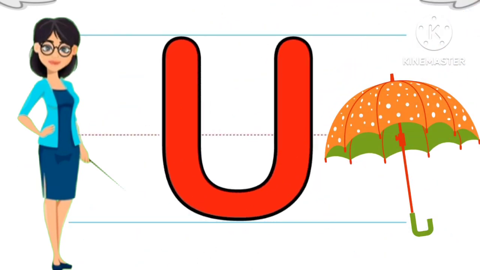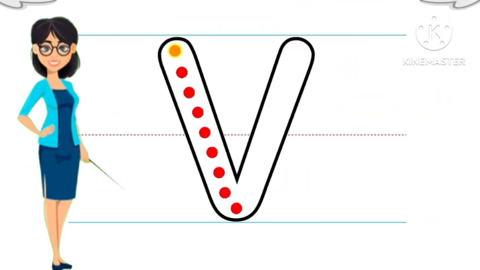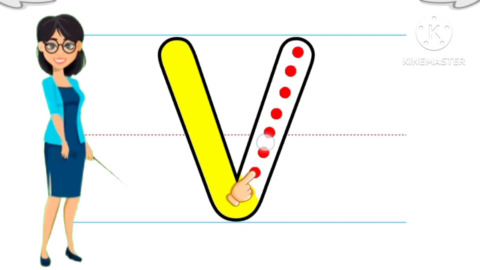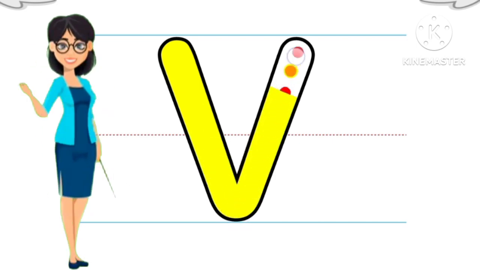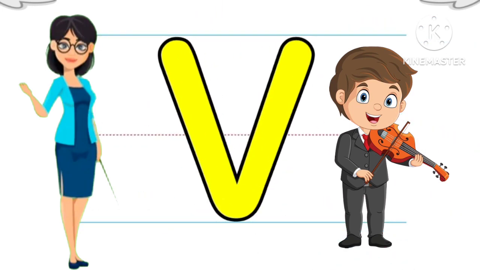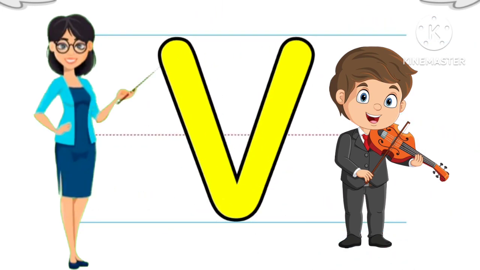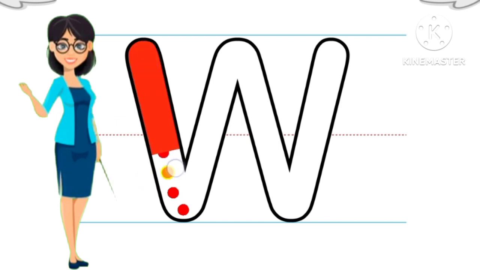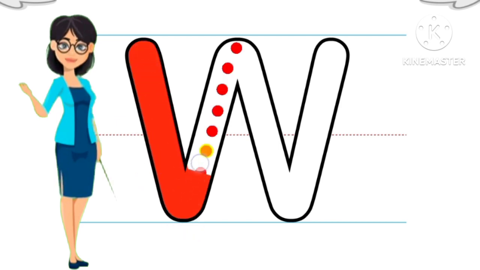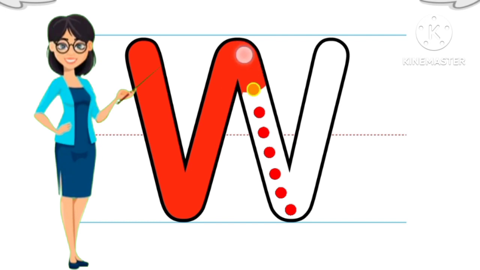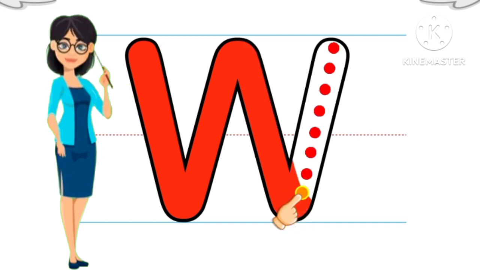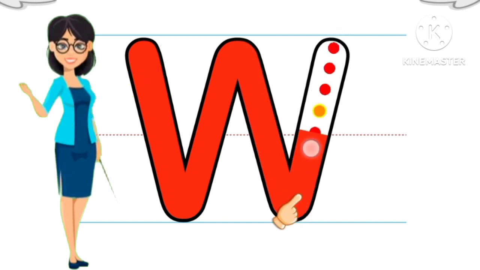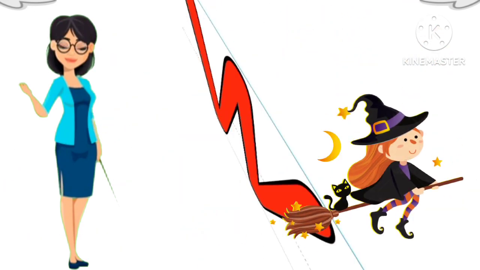U for umbrella. V for violin. W for witch.